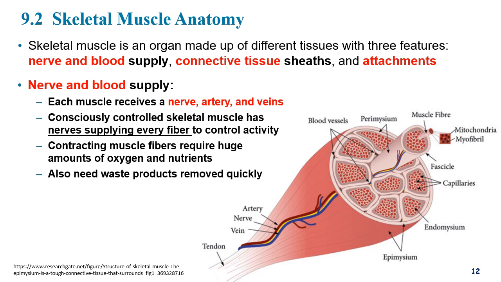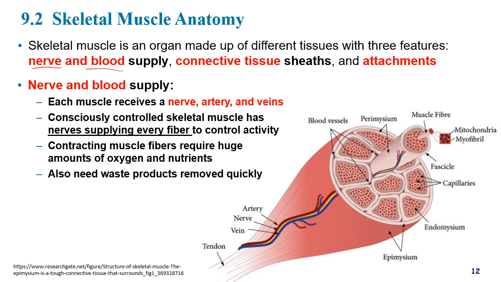So what do you find in the muscle? Well, you're going to find a very good supply of blood, and also a lot of nerve endings, so a lot of nerve supply. Because if you're going to command the skeletal muscles to contract via a neuromuscular junction, you have to have the nerve that is going to get to your muscle.